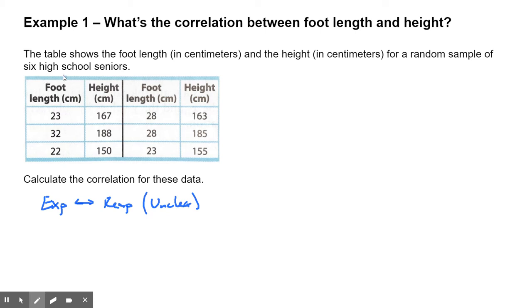So let's let foot length be the explanatory. That means foot length is going to be our X, and let's let height be our response, which means it's our Y. And again, understand that foot length has 2 columns. These are more X's and these are more Y's. So I will take a picture of this table, and we're going to input it into our 2 quantitative stats applet.